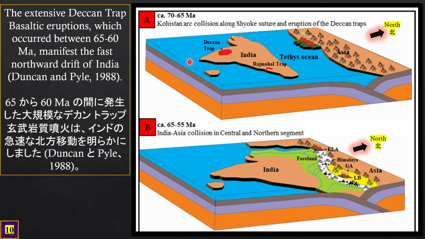The extensive Deccan Trap basaltic eruption, which occurred 65 to 60 million years ago, also gave acceleration to the Indian plate, which moved very fast northward and finally collided in the north, forming the Kohistan Ladakh arc and starting the Himalayan origin.